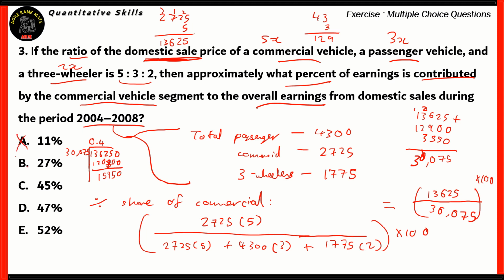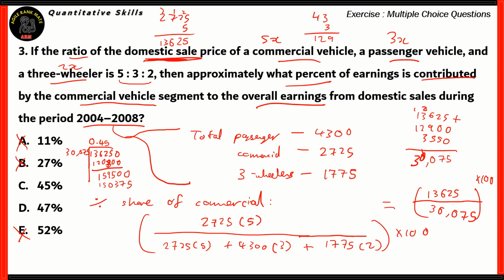So therefore options A, B, and E are incorrect because they're outside that range. Now is it 45% or 47%? So we would need to multiply that here. So 30,000 times 5 gives you 150,000. So if we were to take out the correct value for 30,075 times 5, that would give you 150,375.